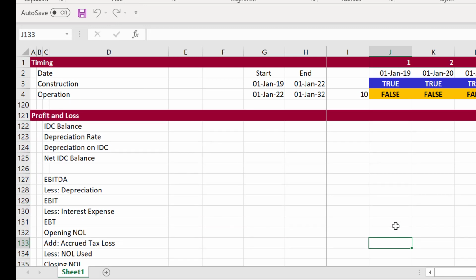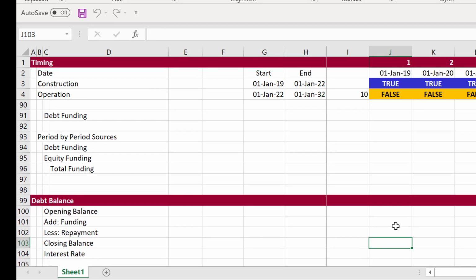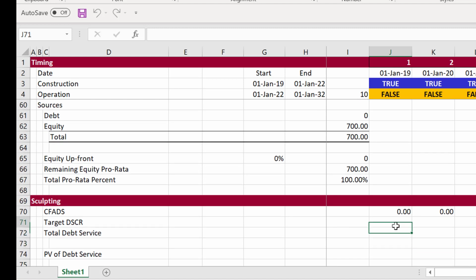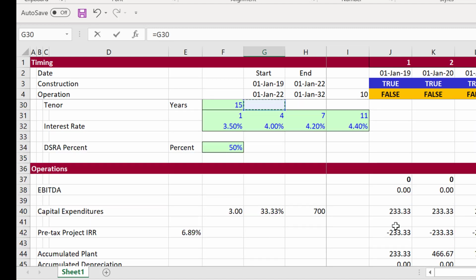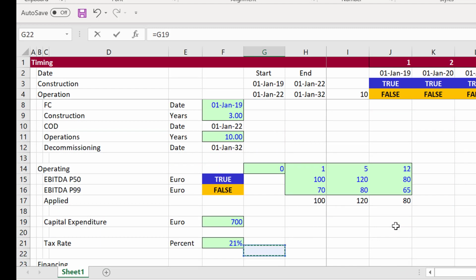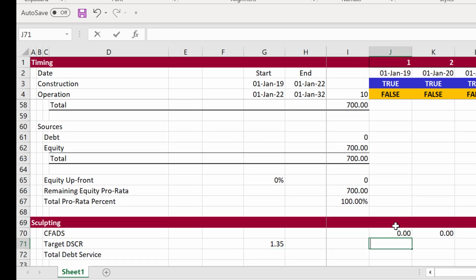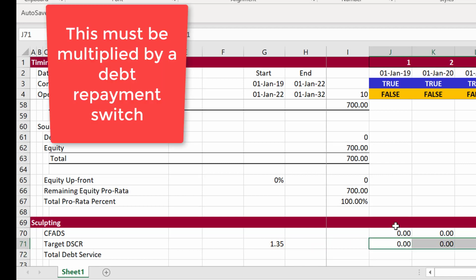The CFADS comes from down here in the cash flow waterfall, and we'll have a circular reference due to the taxes. But for right now, let's put it in, and we're going to change this. My suggestion is to go ahead and do it and understand where the circular references are, and then fix the circular references afterwards.